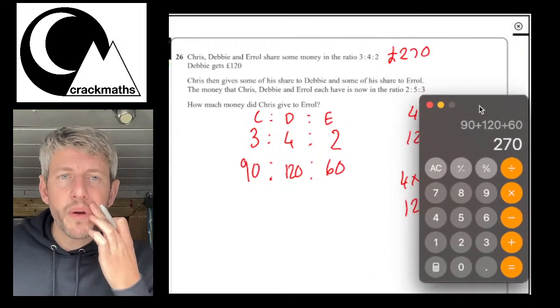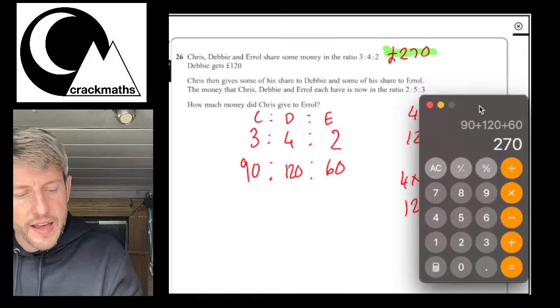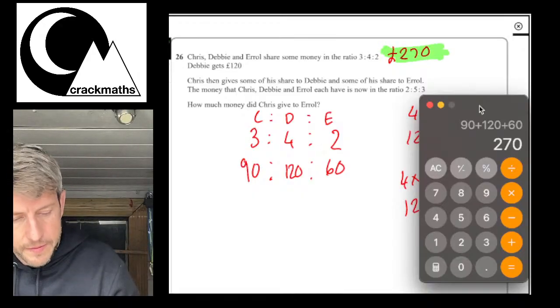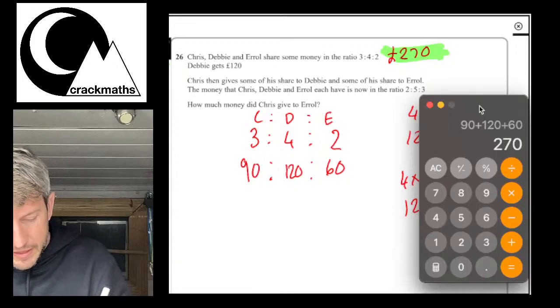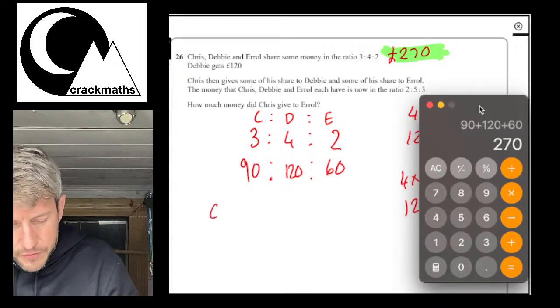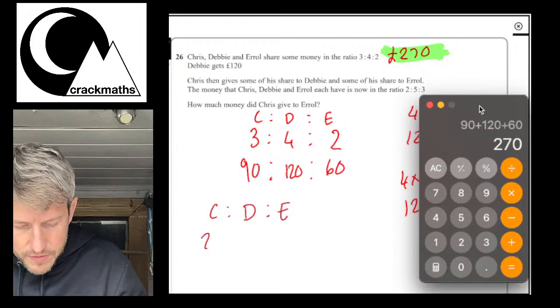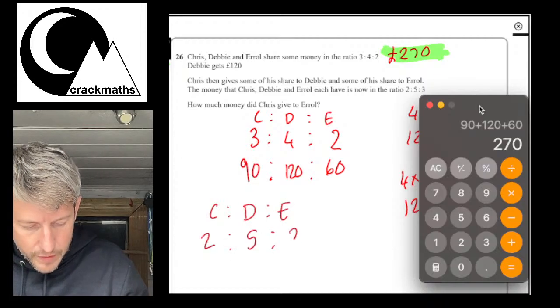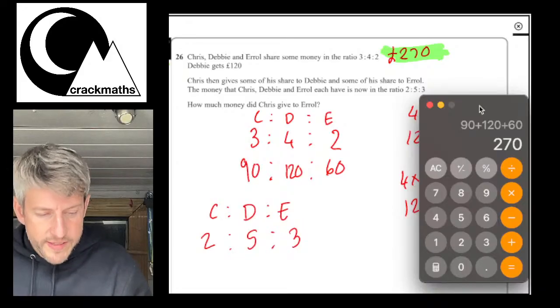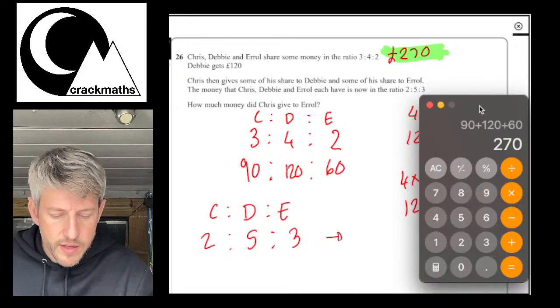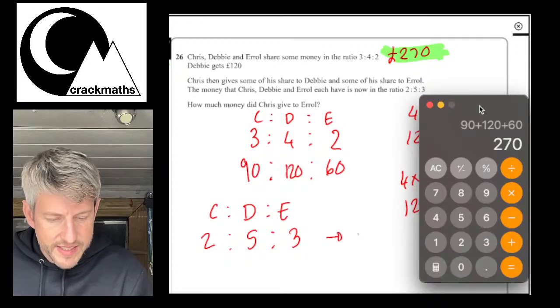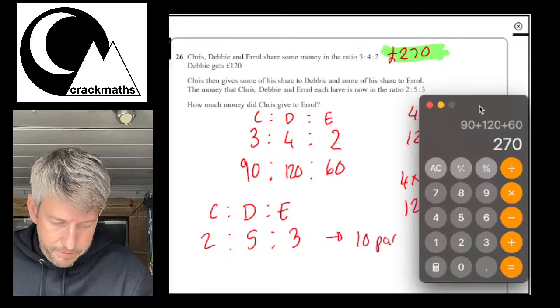So basically what we're going to do now is share this money in the new ratio. We're sharing it in the ratio 2 to 5 to 3, Chris, Debbie and Errol. I need to know how many parts that is. 2 add 5 add 3 is 10 parts to this new ratio.